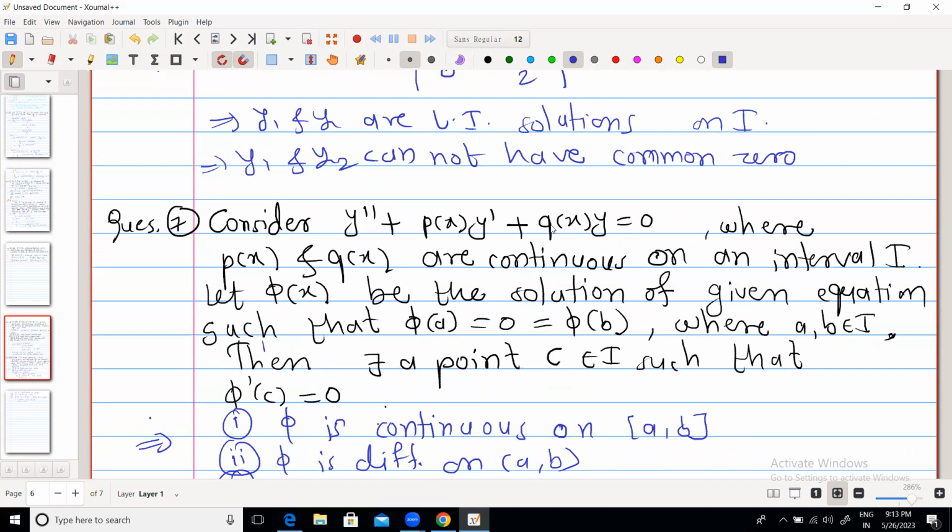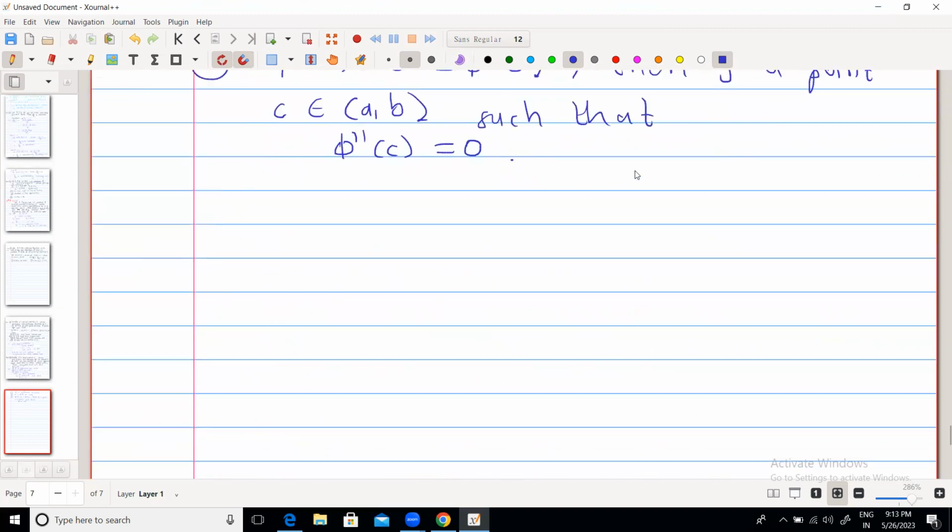So there is one more question in this section. Let us see. I think question 8.